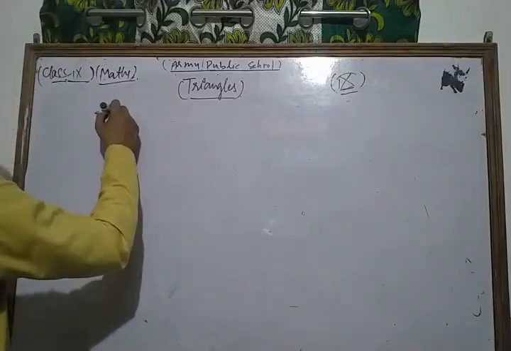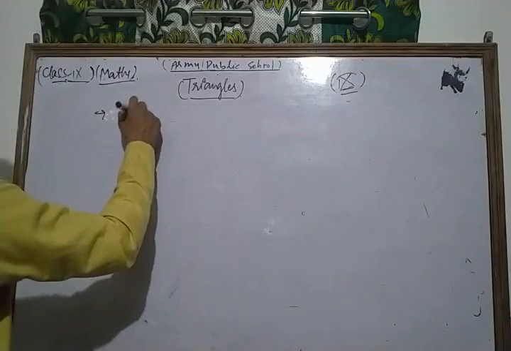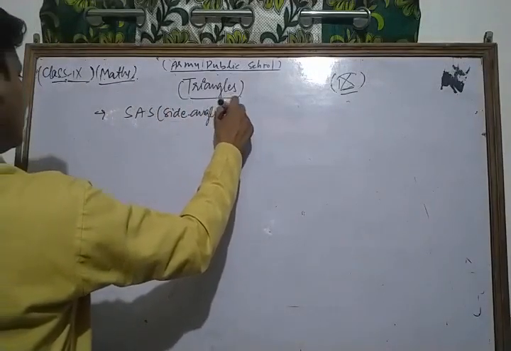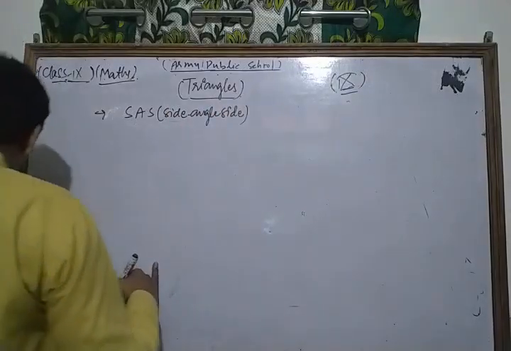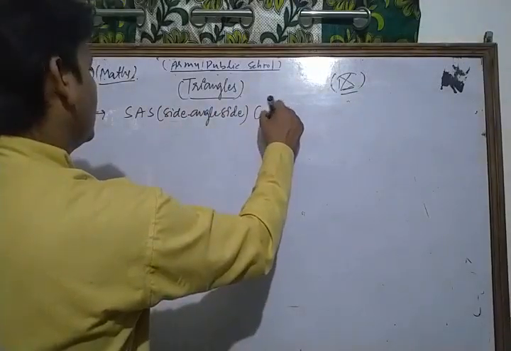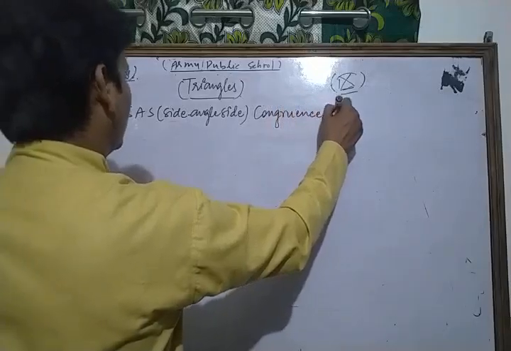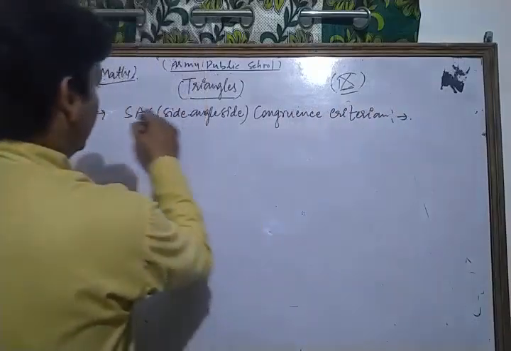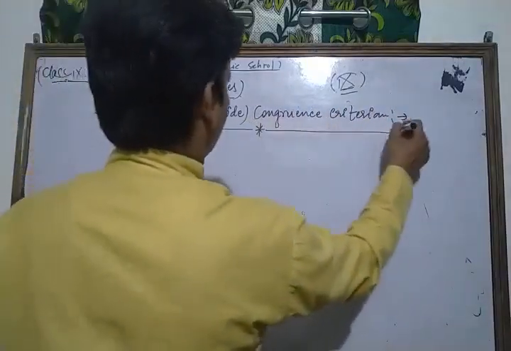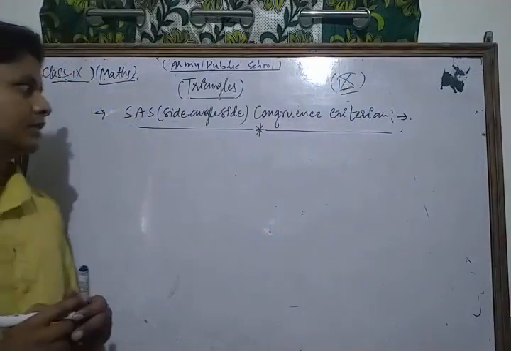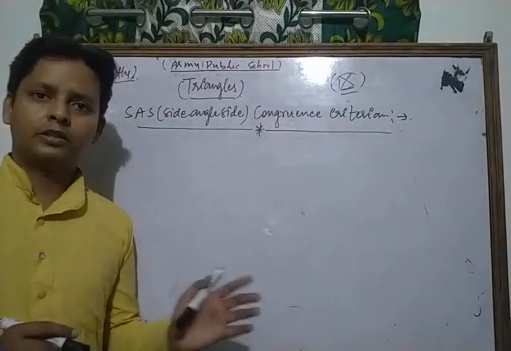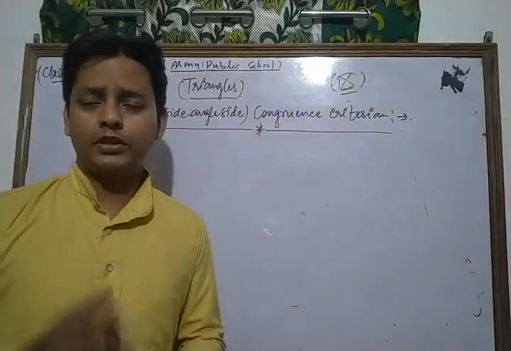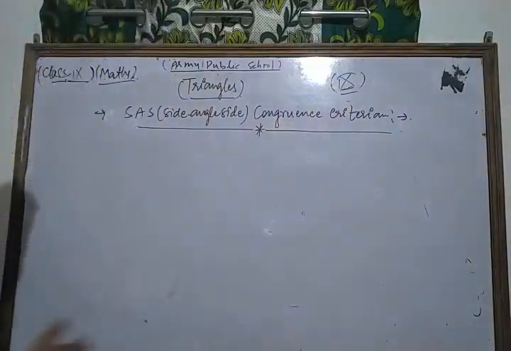First we discuss the side angle side, that is SAS, congruence criterion. It is the first congruence criterion related to this topic, and it is very important for you and your upcoming questions.